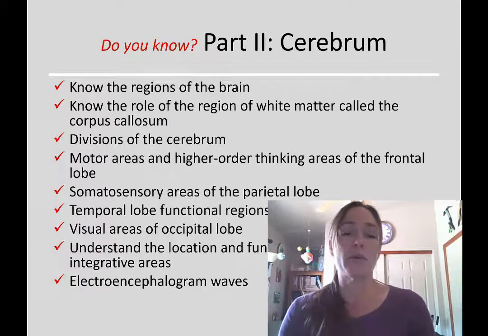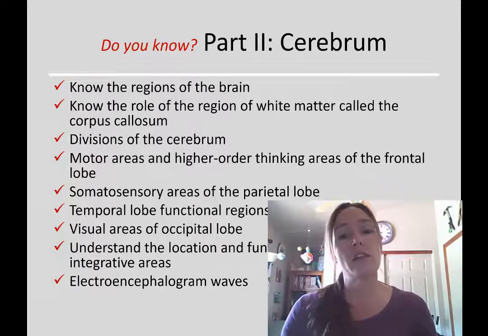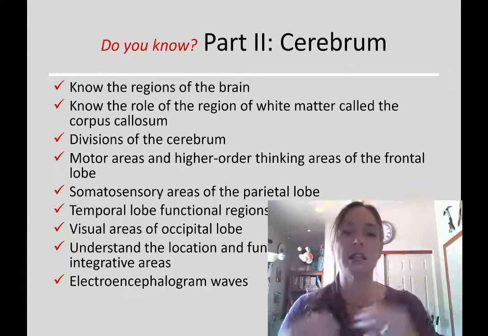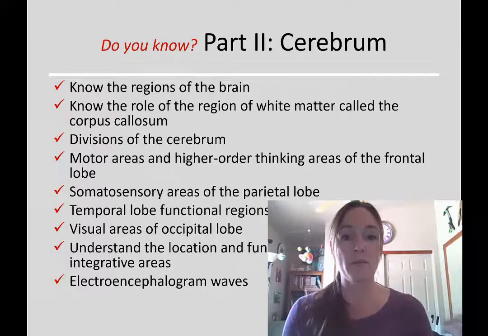Somatosensory areas of the parietal lobe. We have the post-central gyrus, that is also known as the primary somatosensory cortex. The post-central gyrus is where we're receiving all kinds of sensory information from the body.